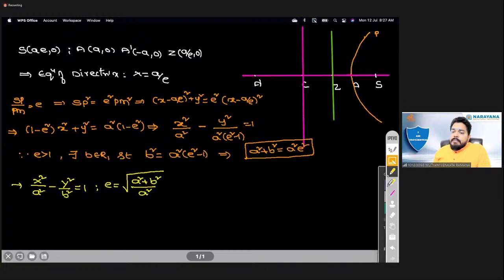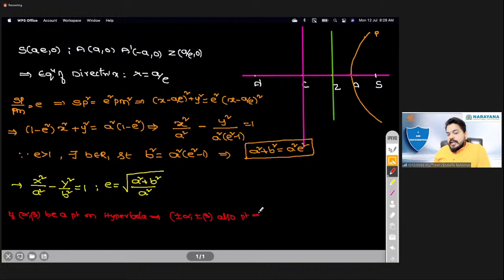So here the important point is, if alpha comma beta is a point on the hyperbola, automatically plus or minus alpha, plus or minus beta is also a point. So that means the curve is symmetric about both the x and y axes.